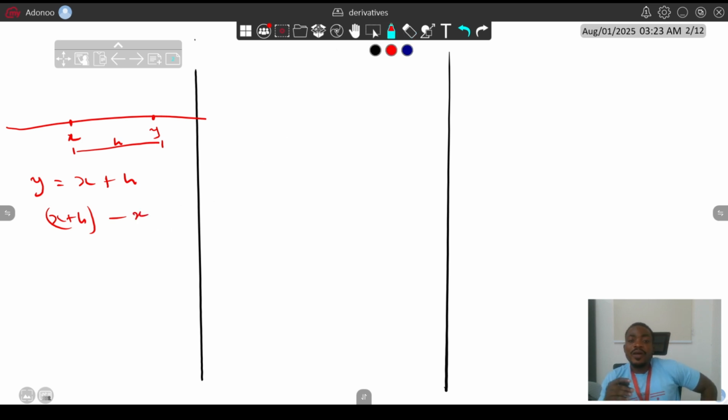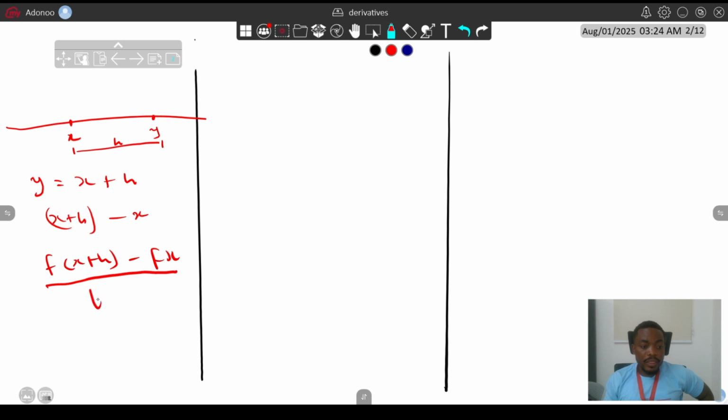Good. So now if I want to find the rate at which this distance is changing with respect to time, I can simply say that if I find f of x plus h minus f of x all over h, this function right here is giving me what?